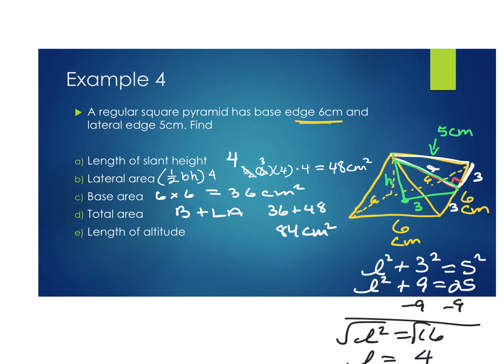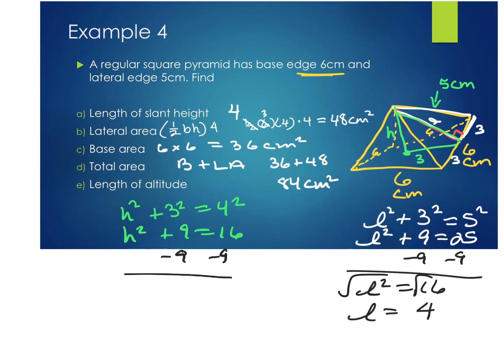So for the length of the altitude, I'm going to do height squared plus 3 squared equals 4 squared. 9 plus height squared equals 16. Subtract 9. Height squared equals 7. Square root it, and the height of the pyramid is the square root of 7.